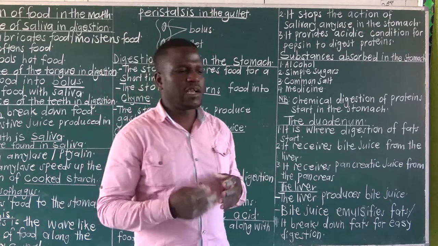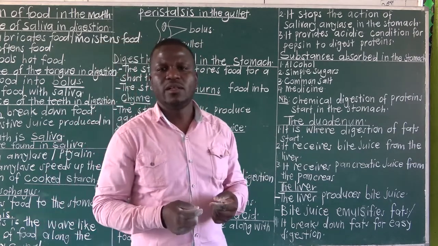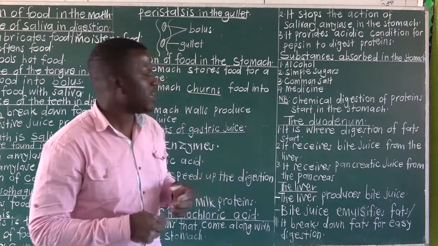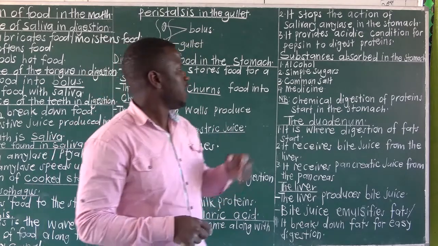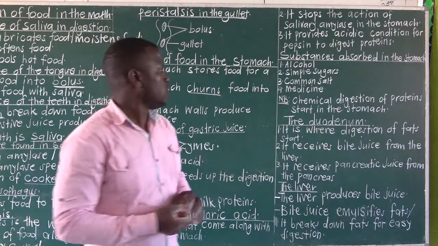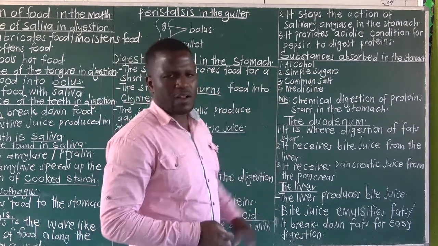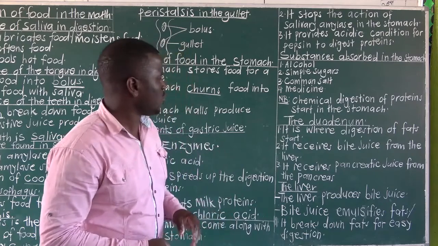And if this hydrochloric acid does not find the food in the stomach, it will burn your stomach and cause wounds, the ones we are calling peptic ulcers or ulcers. So excessive drinking of alcohol can lead to ulcers in the stomach.